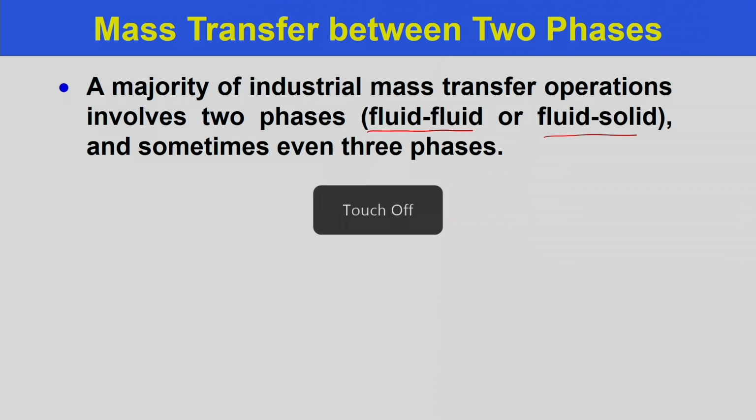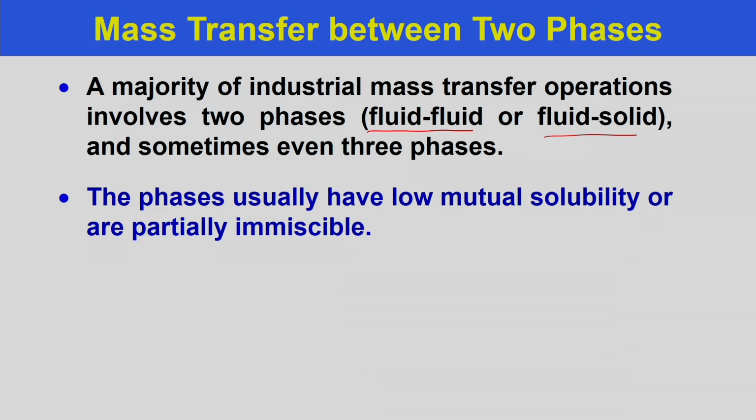Sometimes it may involve three-phase systems as well, that is gas-liquid-solid. The phases usually have low mutual solubility or are partially immiscible. So, then only we say that they are immiscible phases.